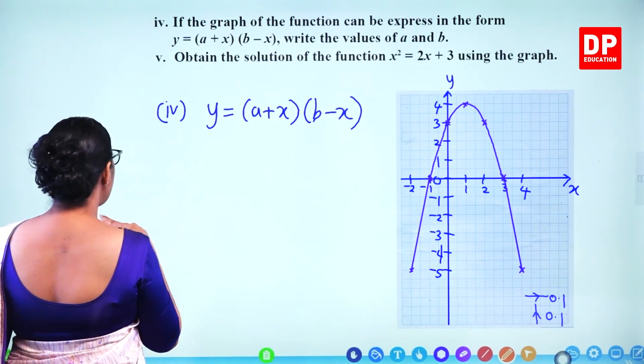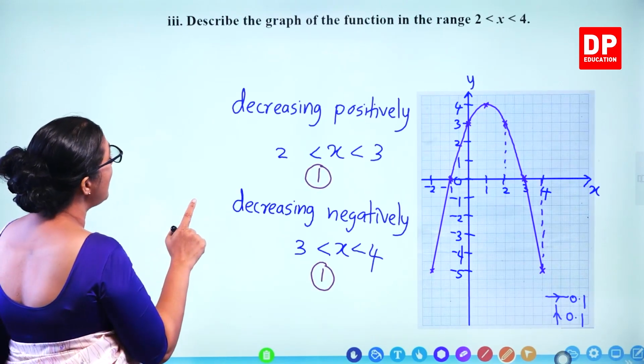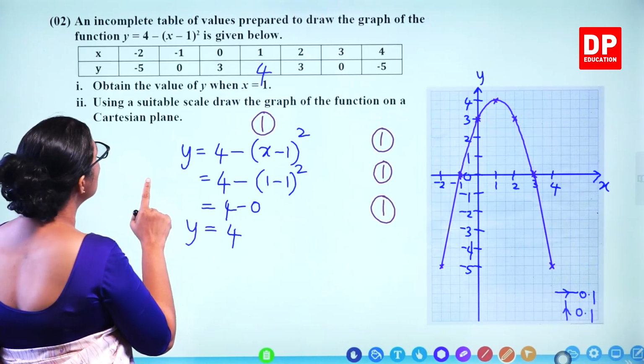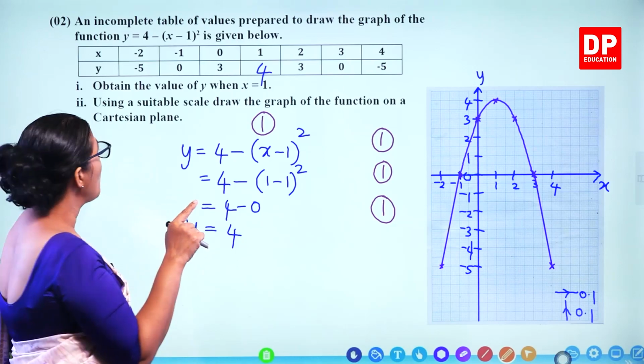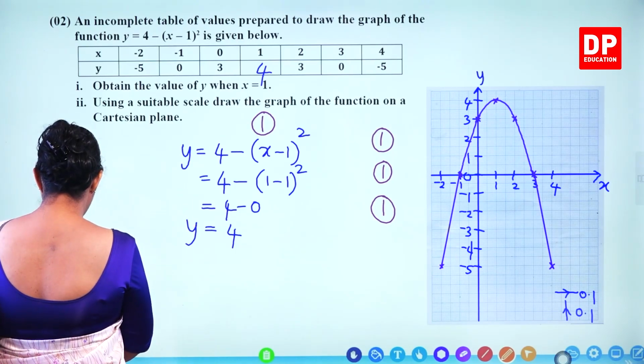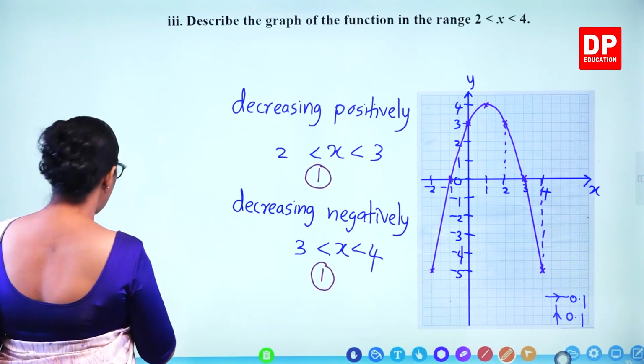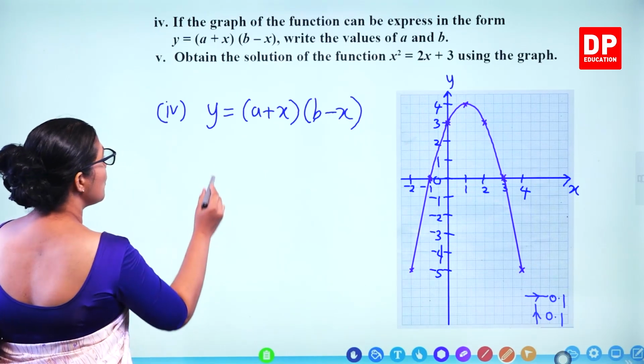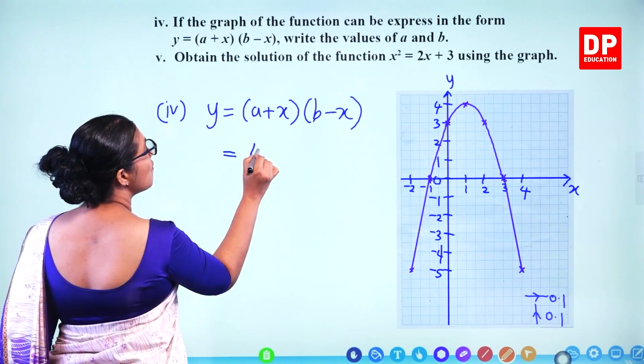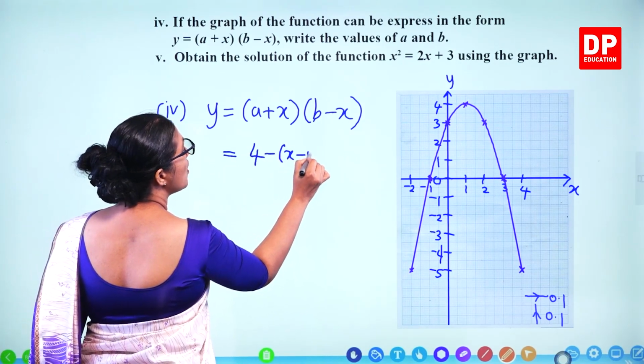Now what was the graph before? We had the graph y equals 4 minus (x minus 1) whole squared. So we need factors of 4 minus (x minus 1) squared. So you can use that also to find out the factors.